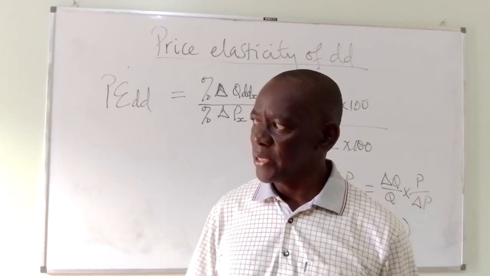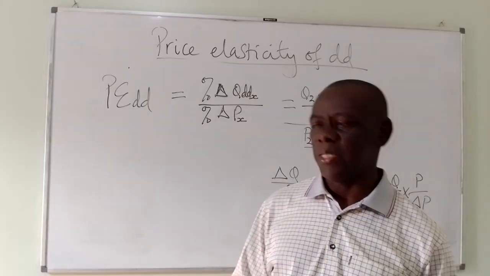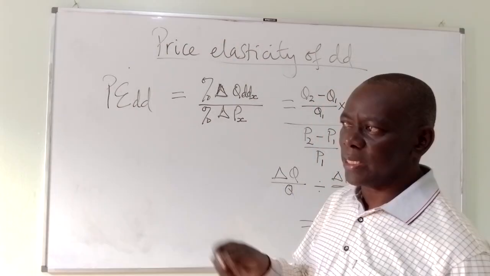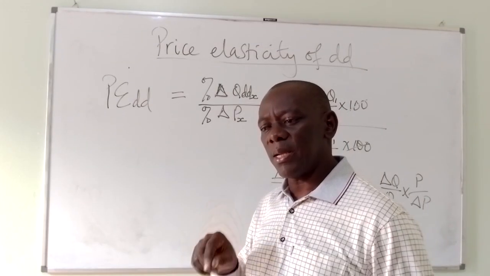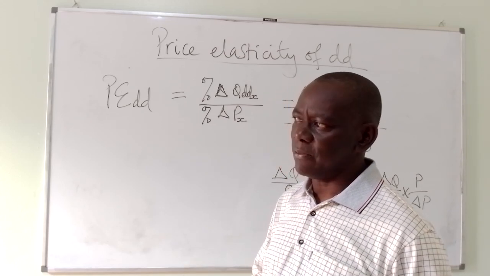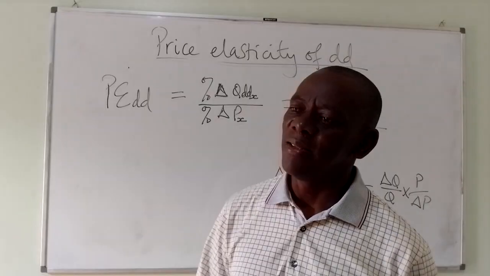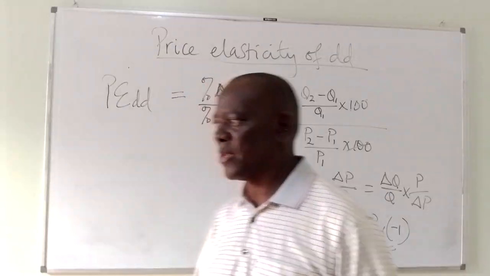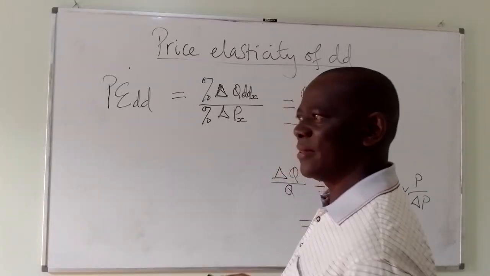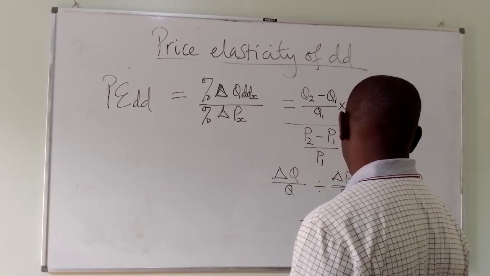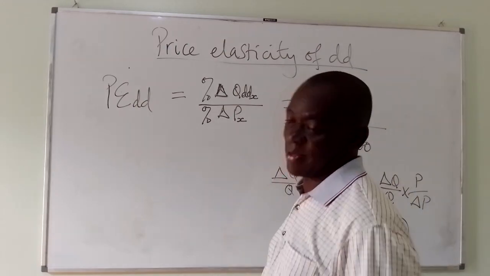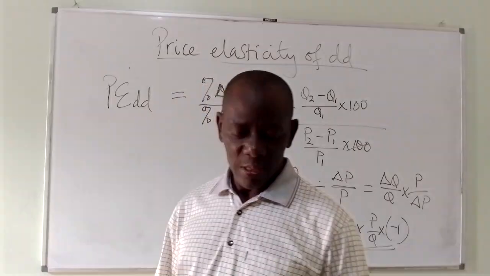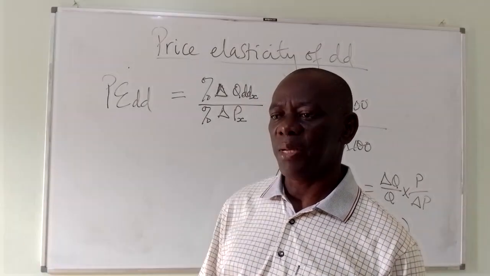Elasticity has to be positive. Because it has to be positive, you have to make this figure, which is negative by calculation, positive. Because it is negative in calculation, we have to multiply by -1. That -1 is going to help us.